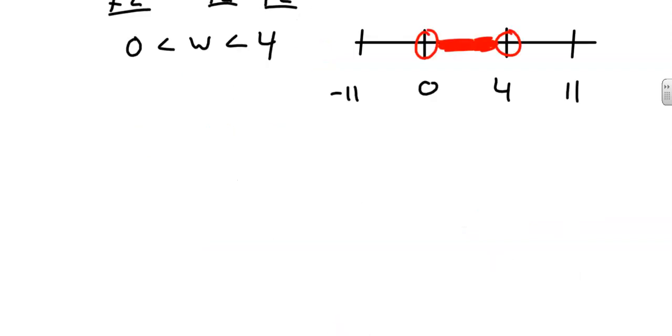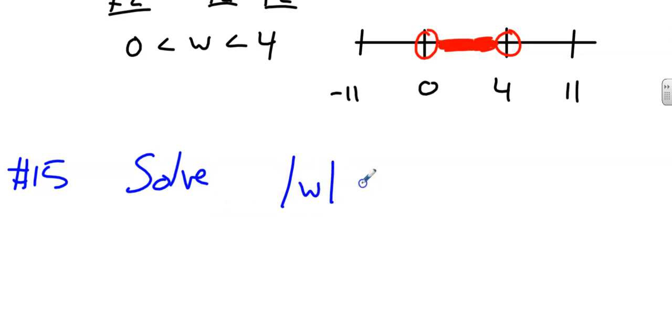So here's a problem. Solve it. Don't worry about graphing on this one, you're just going to solve it. For 15, we're solving the absolute value of W minus 18 is less than negative 12.